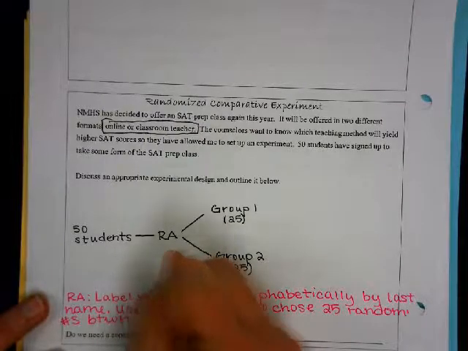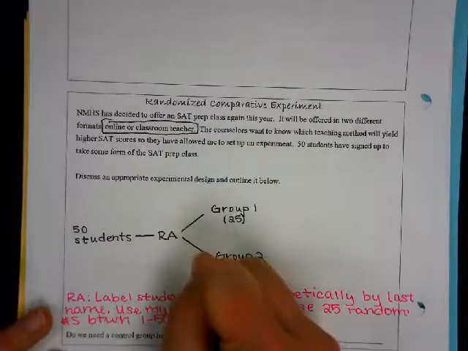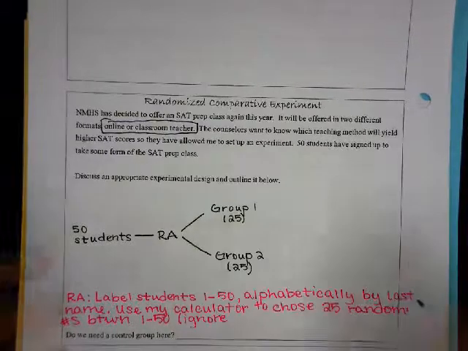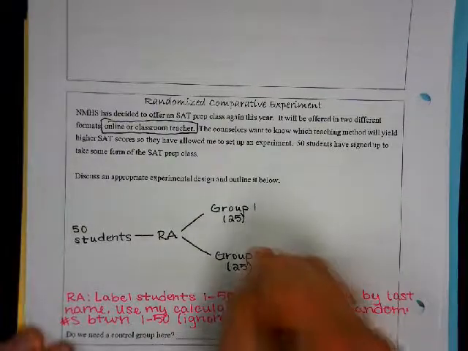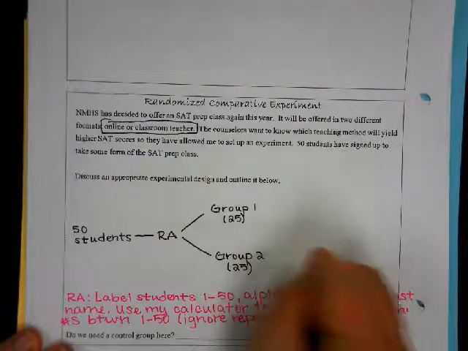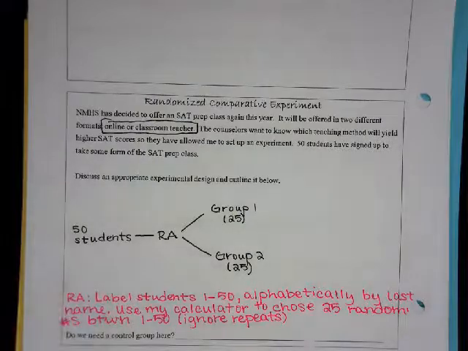We have to ignore repeats. If Noah was number 1 and I got number 1 twice in my sample of 25, I can't put him into group 1 twice. So I have to ignore any repeats.